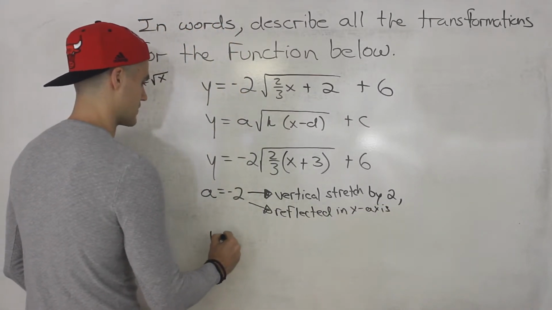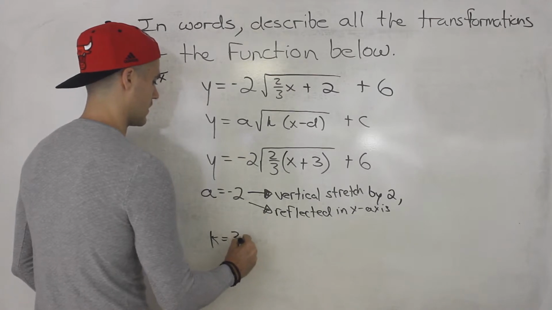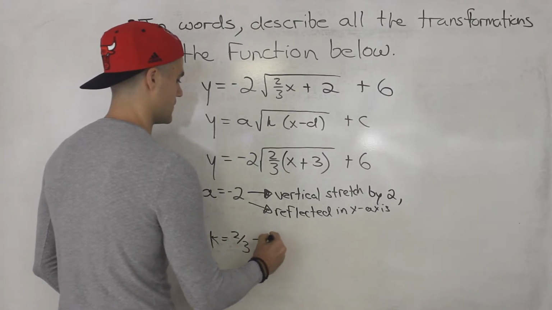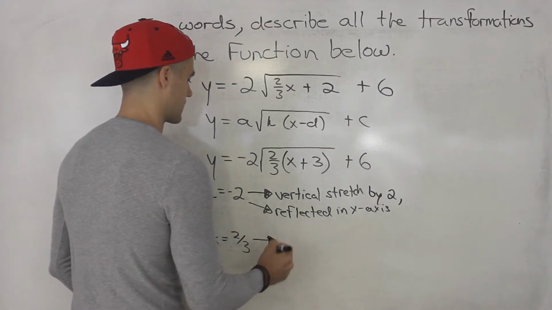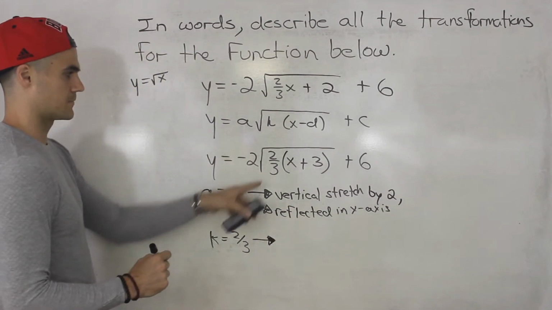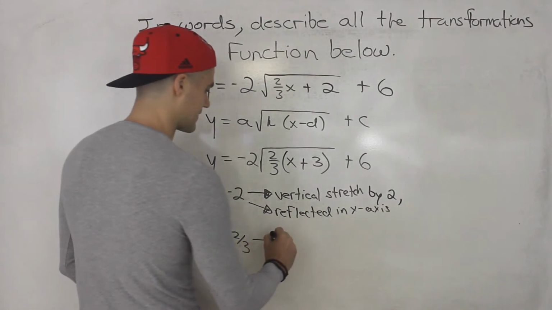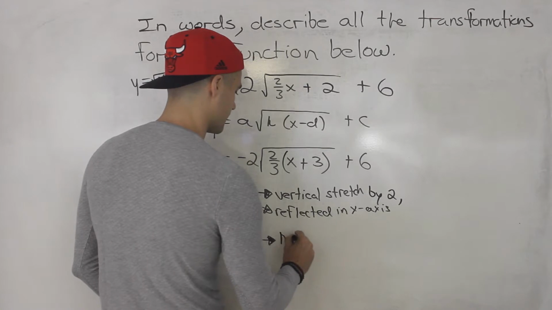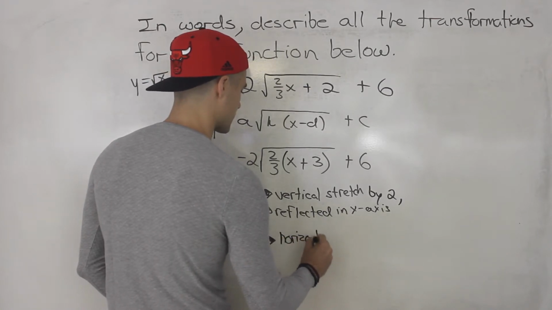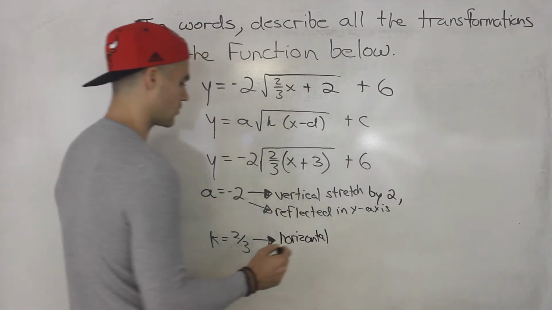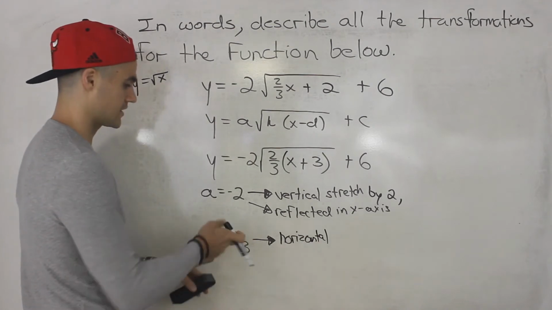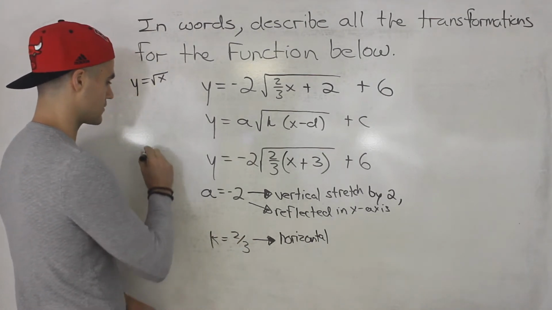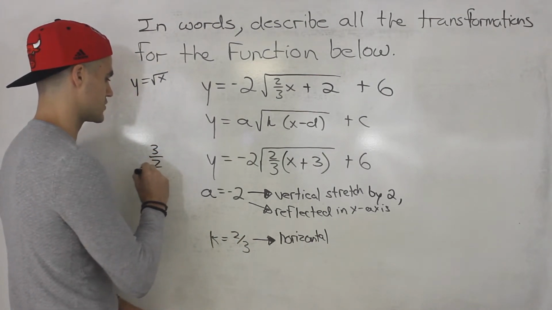And then the k value is 2 over 3. So what does that mean? Well, it means that there's a horizontal... This one's a little trickier because there's a fraction. It's a horizontal stretch because remember, we're supposed to flip the k value, so the factor is going to be 3 over 2.